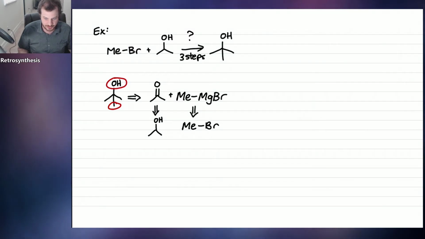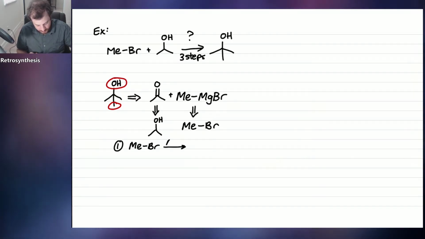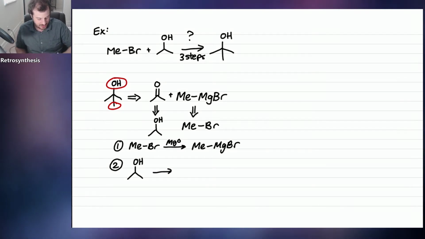So now we're ready for the forward direction. Step 1, we'll make the Grignard reagent, so methyl bromide. Step 2, we'll take our alcohol and turn that into the ketone. How do we do that?